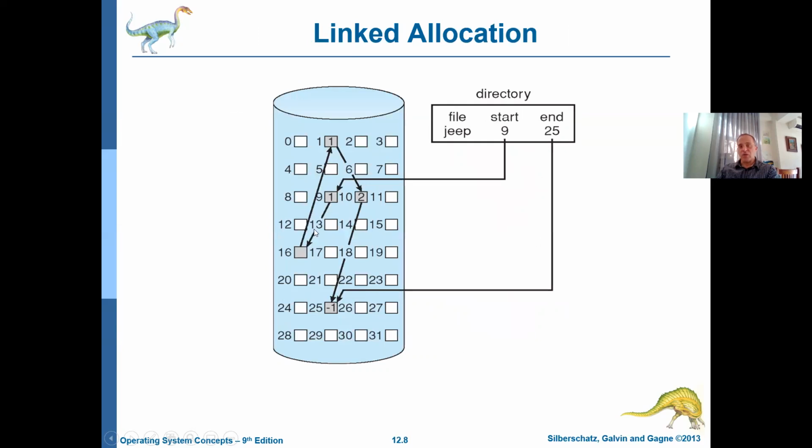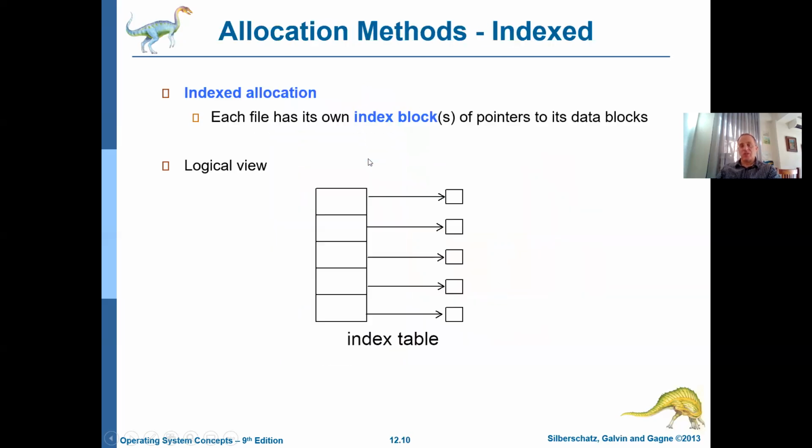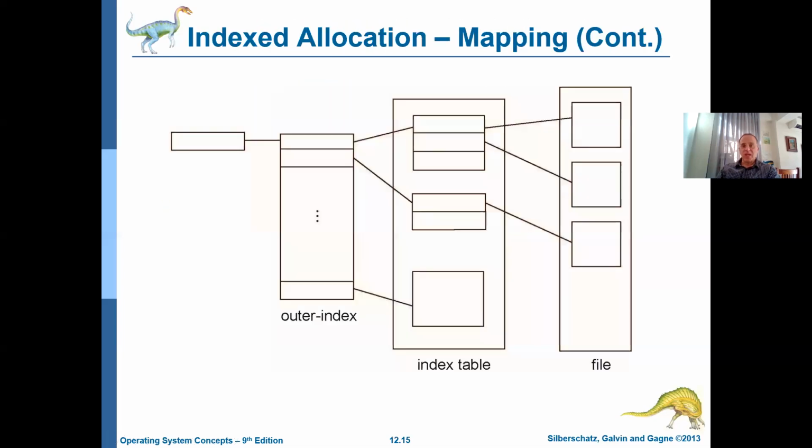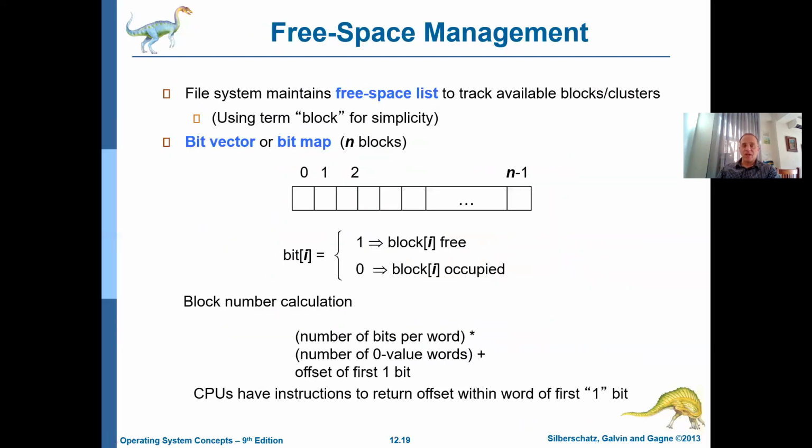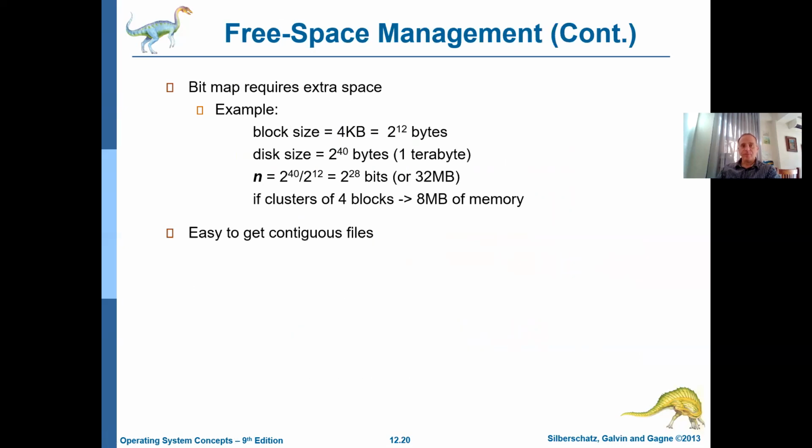Mark 9 as free, then 16 is free, then 1 is free, then 10 is free. I have to mark them all as free, and then 25 as being free. In order to delete a file, I have to do this wild goose chase, because I have to register on this vector that it's free.